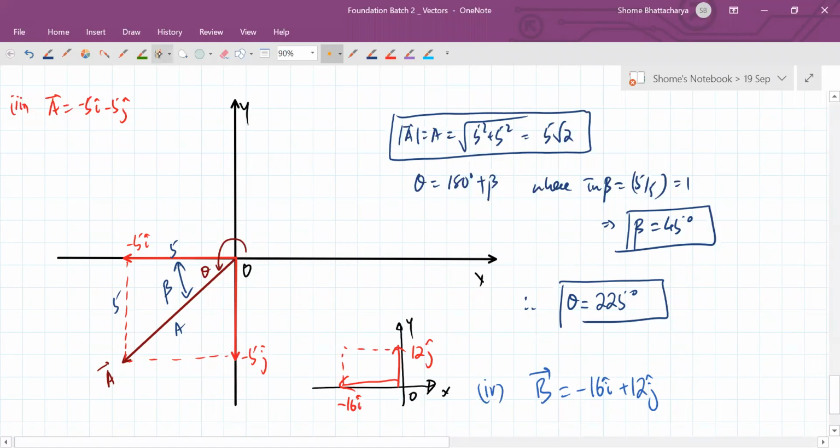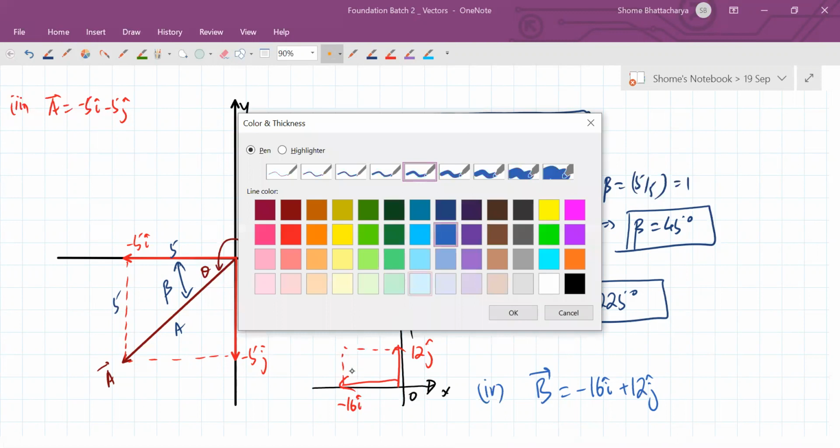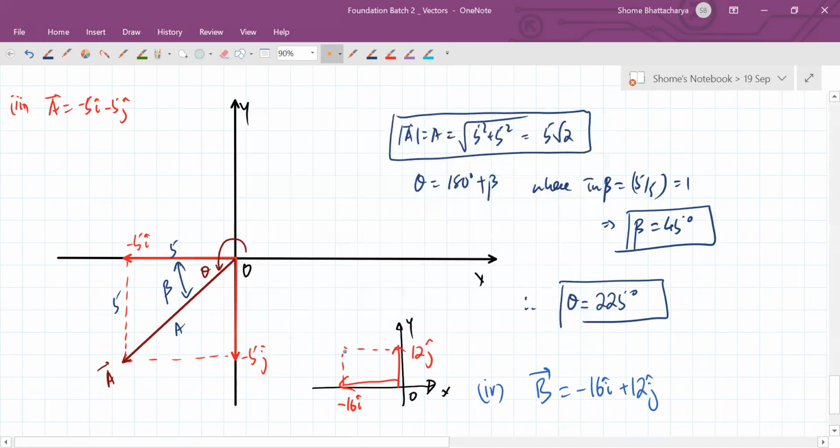So the vector itself is this one. Okay. And this angle is theta. So if we take this angle here as alpha, see that. Okay.